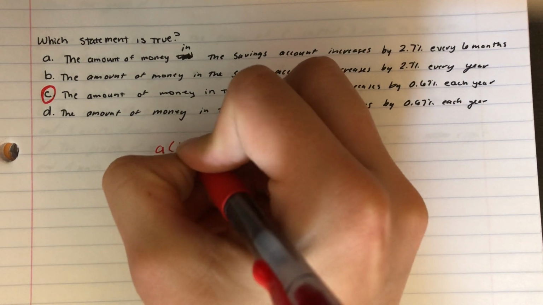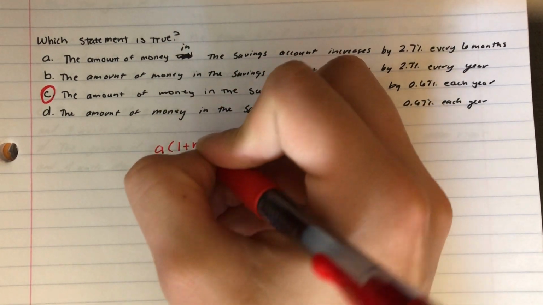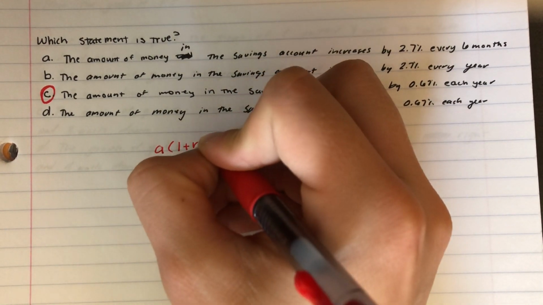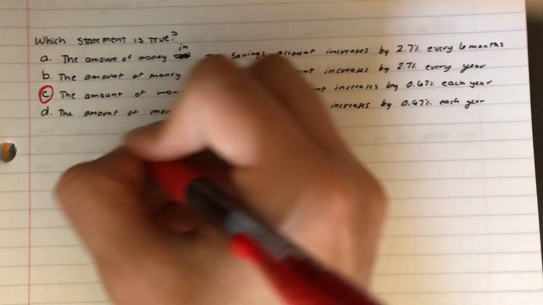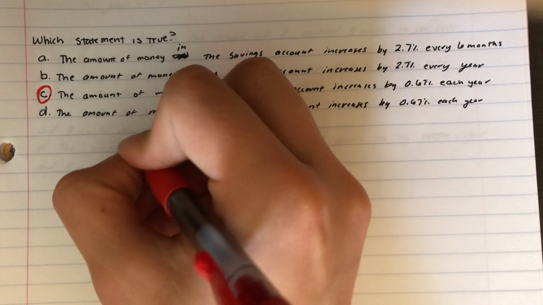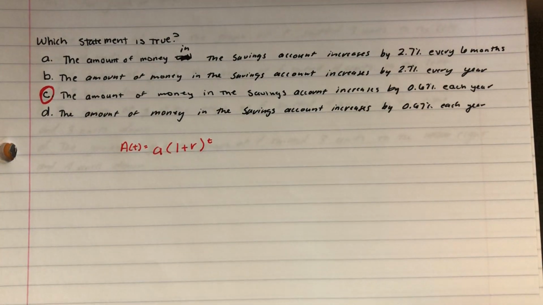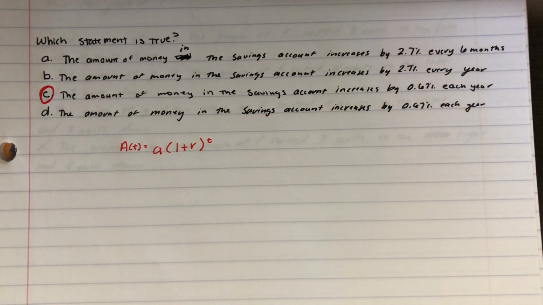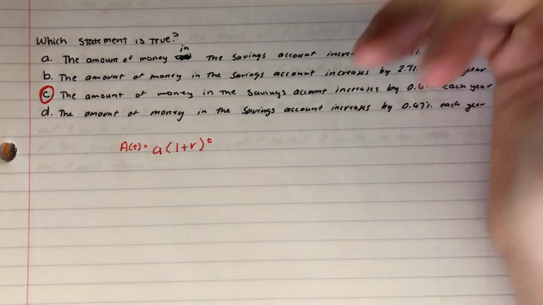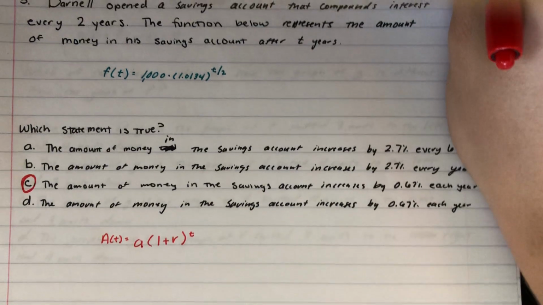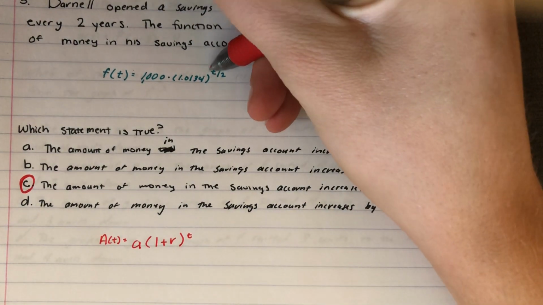So we're going to look at this T, and we'll say that's A of t equals that equation. That's essentially the basic equation for this compounding interest over a single year. So now we know that in our equation, it has t over 2.